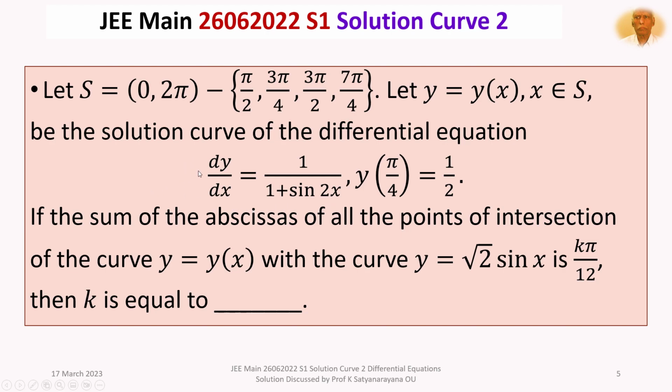We consider the points of intersection of this solution y = y(x) with the given curve y = √2 sin x, and take the sum of the abscissas of all such points of intersection.